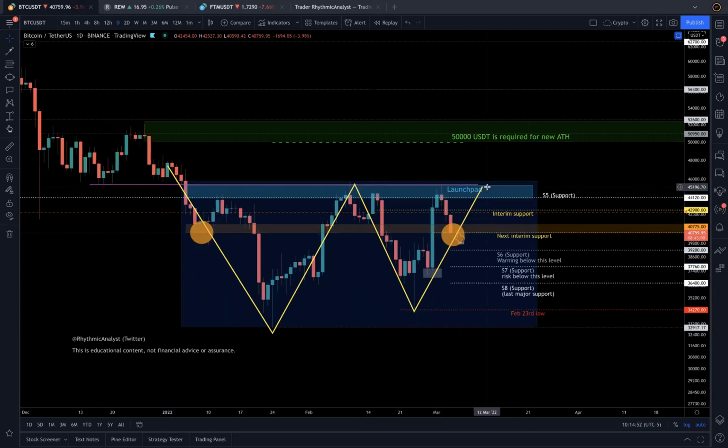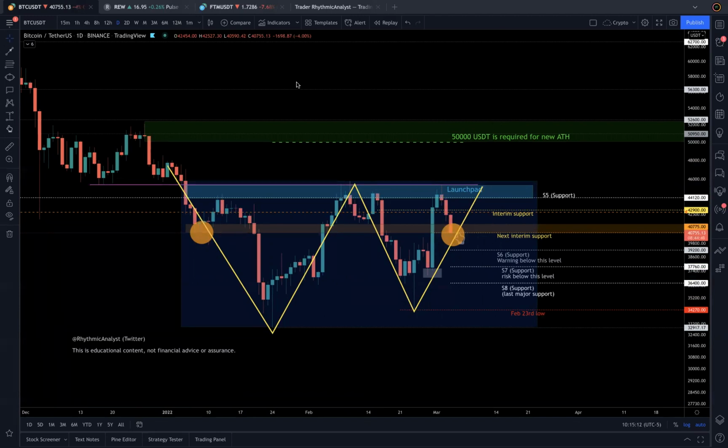I added this as a launchpad because if it is able to break above, it's unlikely to stop. Because this is still a bullish pattern, but on edge. And the 50k level, probably I should remove it, because the next big level is actually 53k.